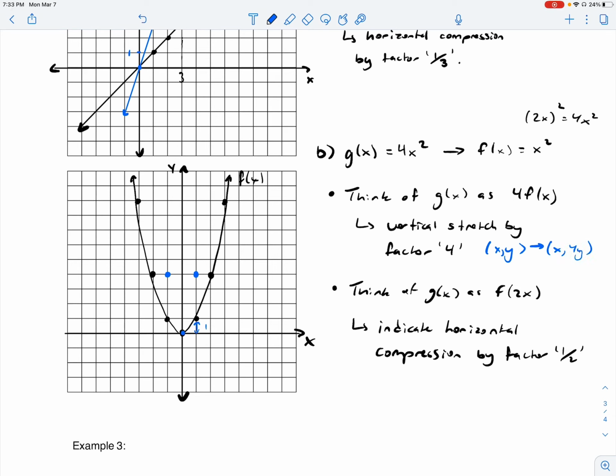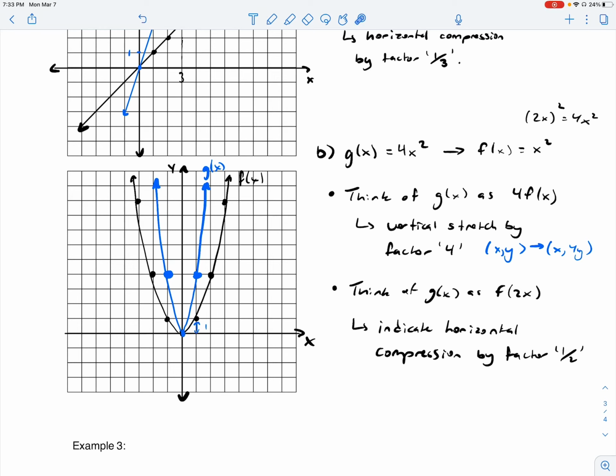All the y values get multiplied by 4. So this is just going to look like a really skinny parabola because 4 is quite a big stretch. So that's g of x. We have these nice 3 points right here, which is good enough for what we're doing.